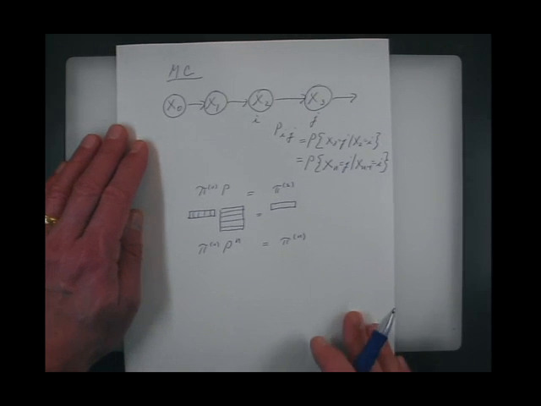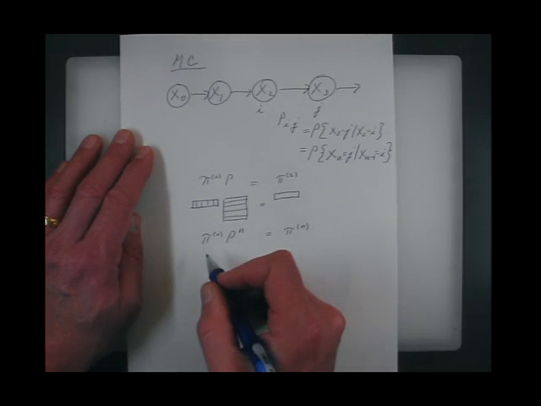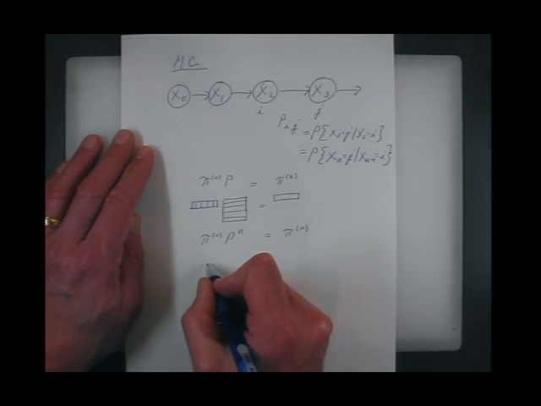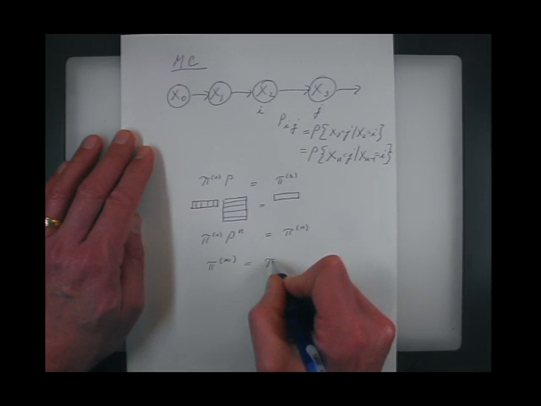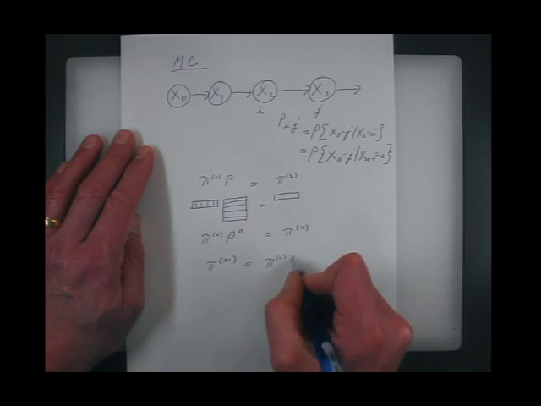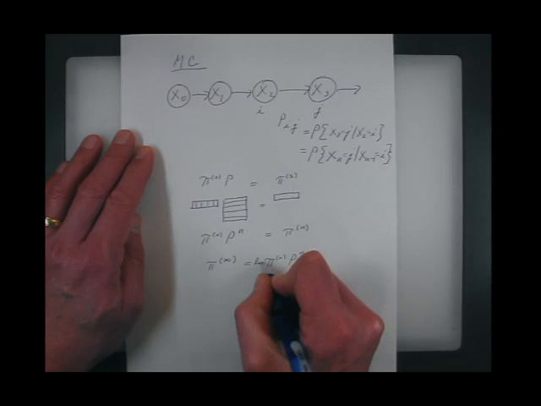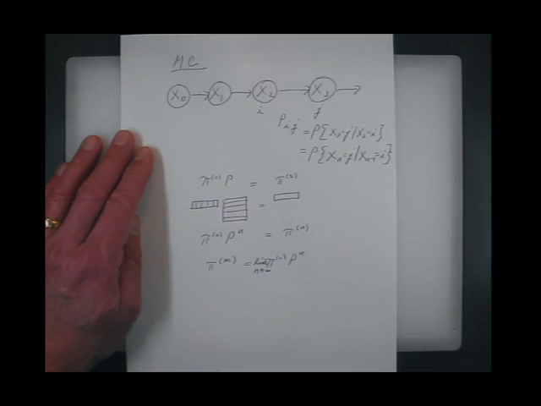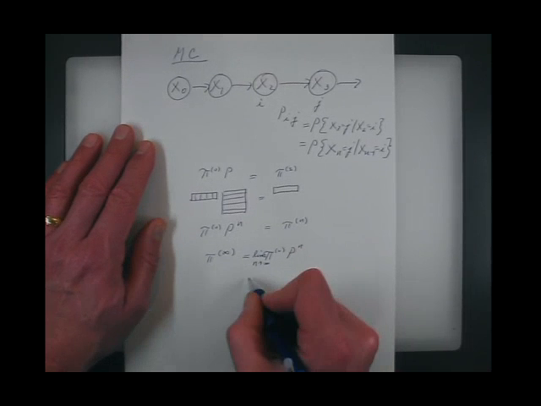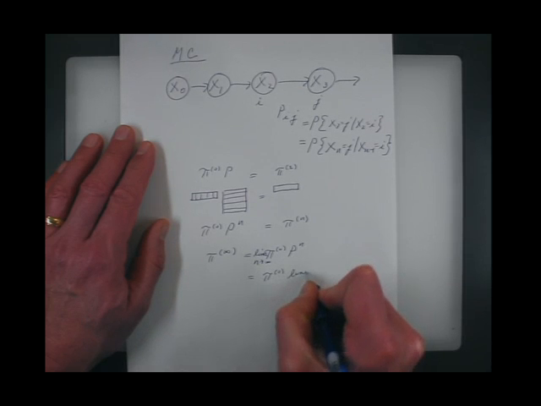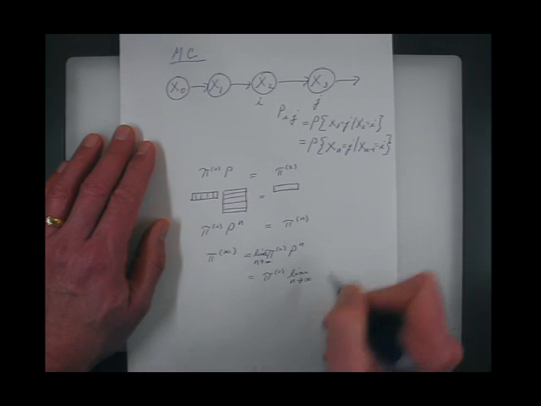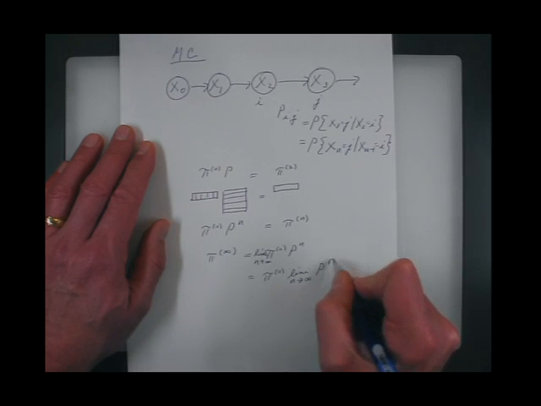So if you believe that, then you'd say pi of infinity is going to be equal to pi 0 times P^n as n goes to infinity. Well, pi 0 isn't a function of n, so this is the limit as n goes to infinity of P^n.